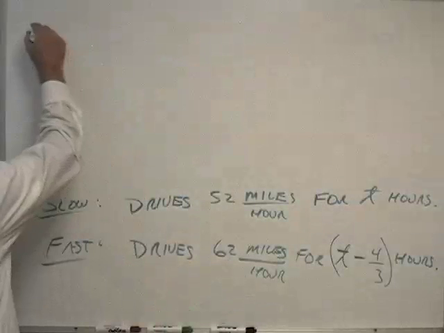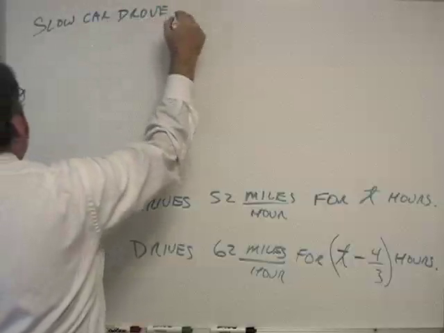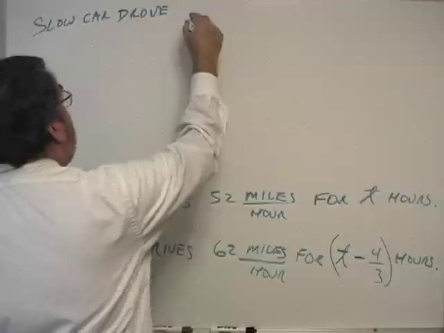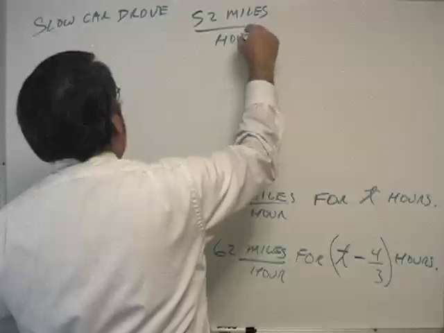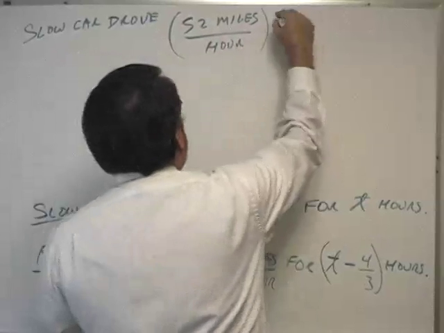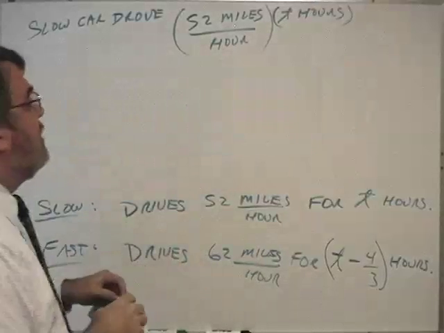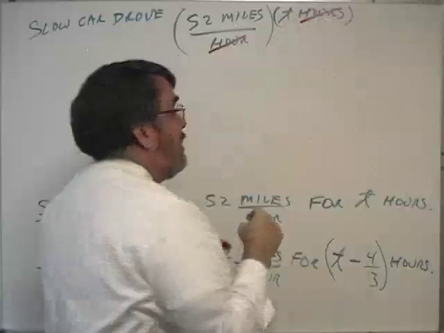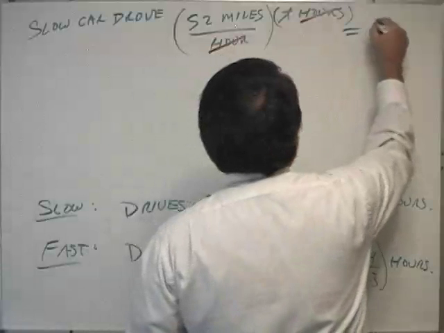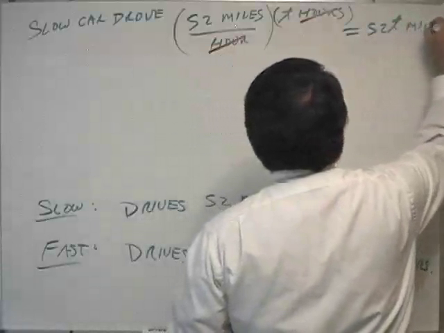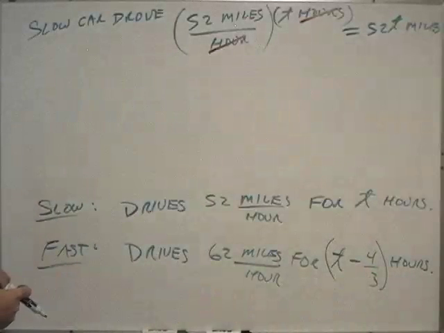So the slow car drove, and how far did he drive? He drove 52 miles per hour for t hours. And what happens? The hour unit cancels, leaving miles. So this ends up being 52t miles. Okay, so we have his distance. It's 52t miles.